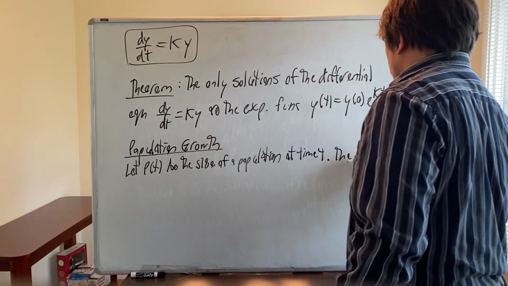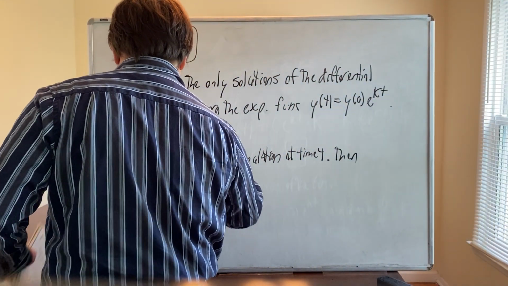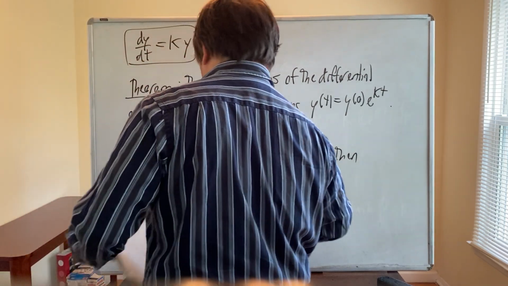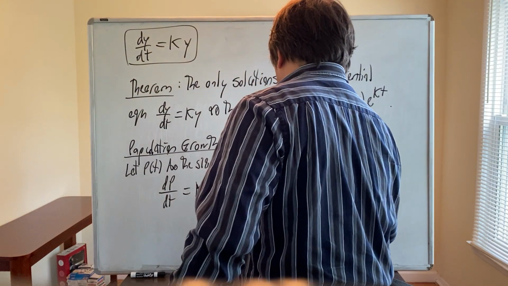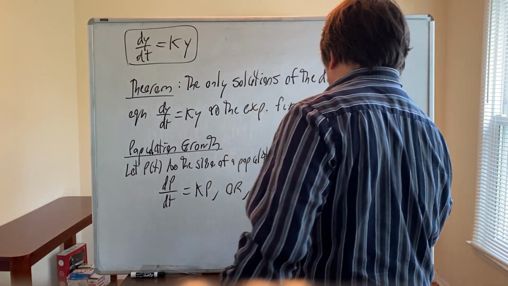Then dP dt is equal to kP, or 1 over P times dP dt is equal to k.